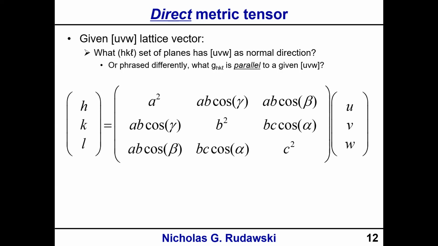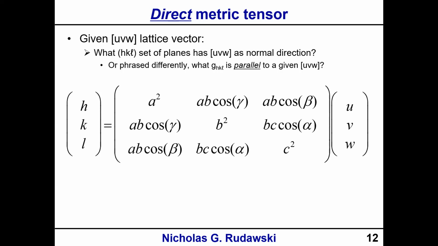You're multiplying the metric tensor by the UVW vector and you're getting out an HKL. This is how you answer that question. So we can see now, if we're assuming a cubic lattice, all my off-diagonal terms are going to be 0.